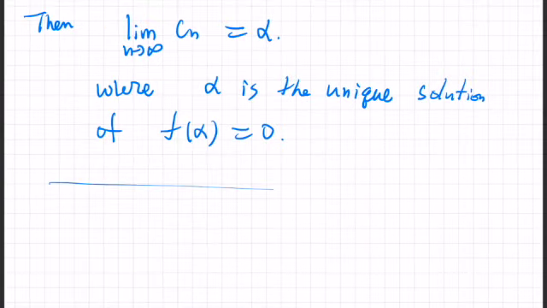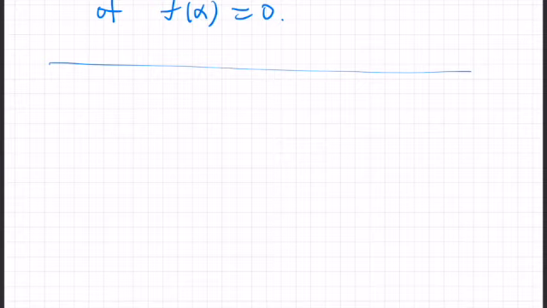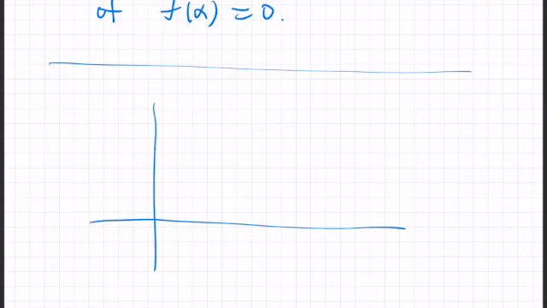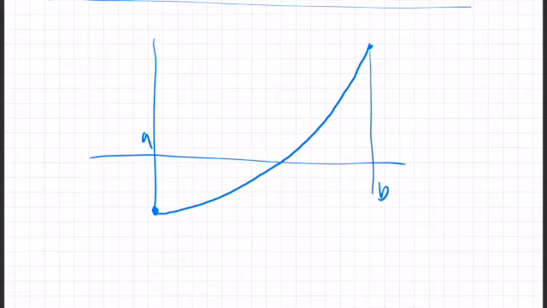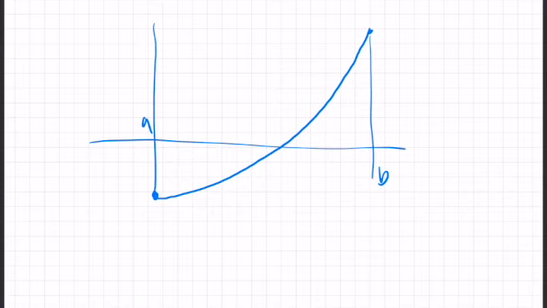Okay, let's prove this. As I have already explained, this function takes a negative value at a and a positive value at b. It's strictly monotone increasing and convex. Also, this is continuous because it's twice differentiable. It is of course differentiable, so it's continuous. Any differentiable function is continuous.